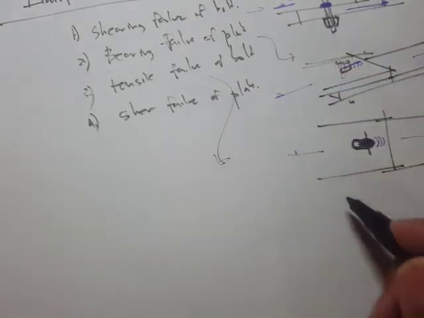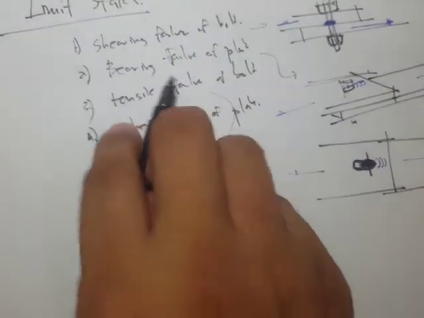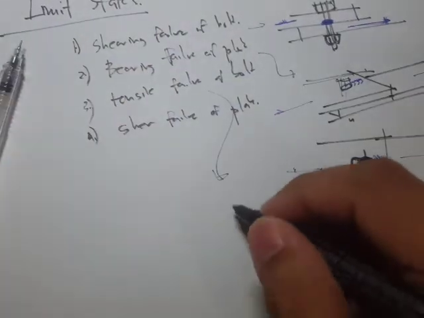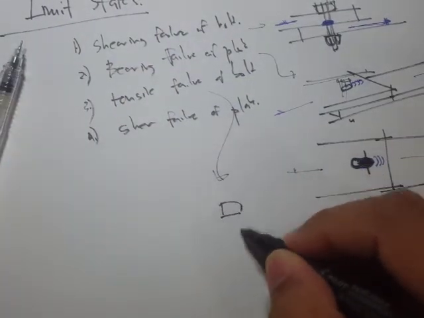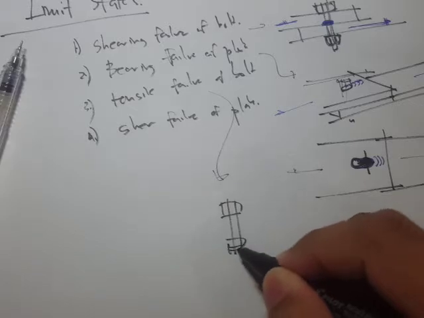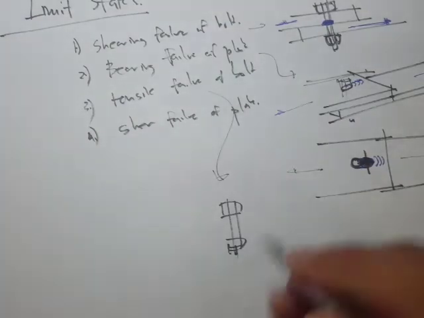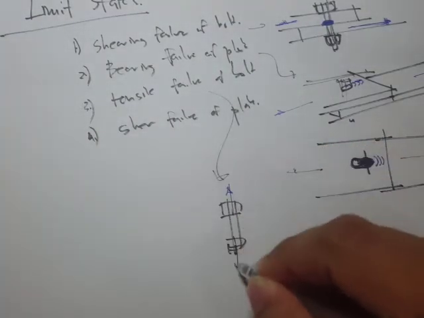Now another failure is the tensile failure of the bolt. Just like the shear failure, when the bolt is under tensile loading, it could fail in tension.